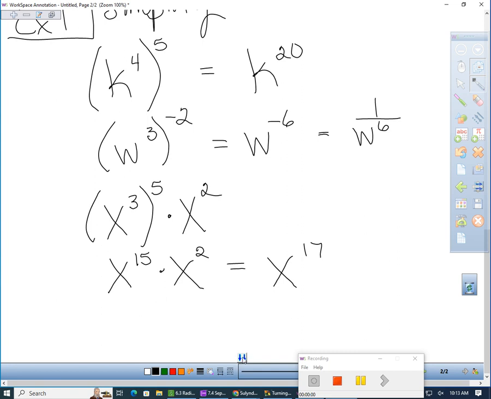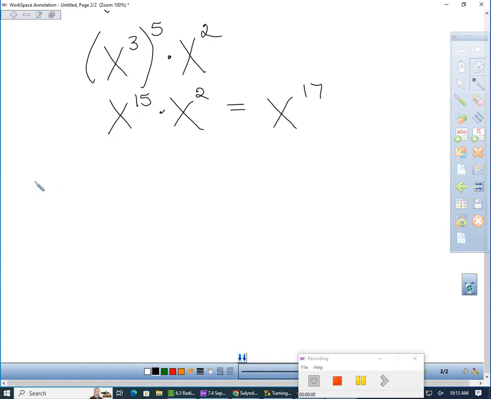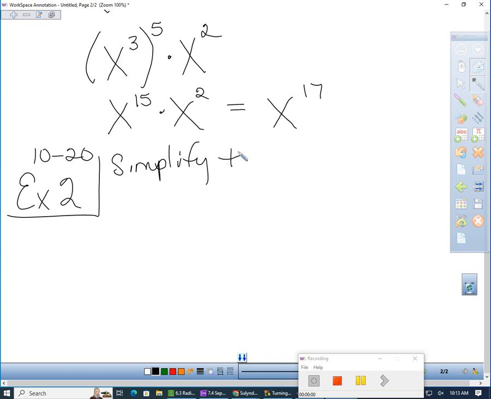All right, so here we go with example number 2. In your homework, it's going to cover 10 through 20. Simplify the expression.